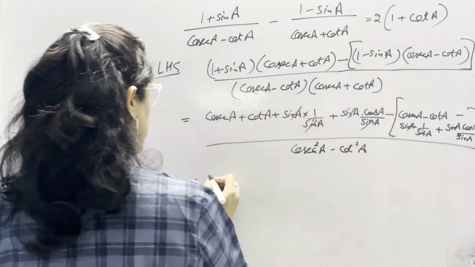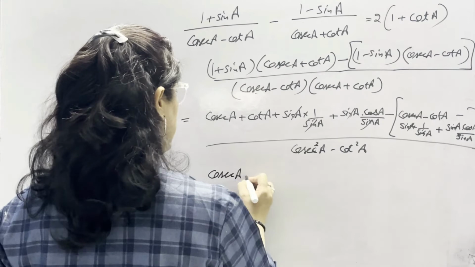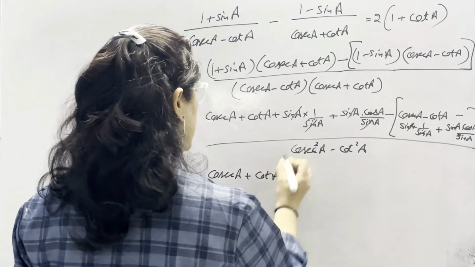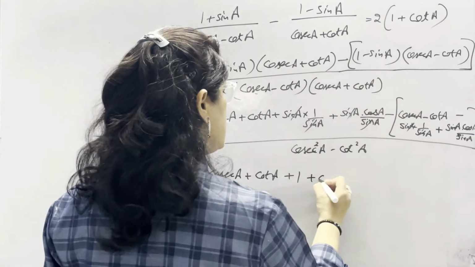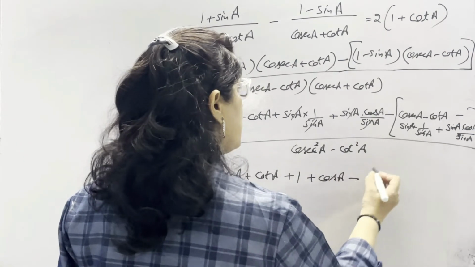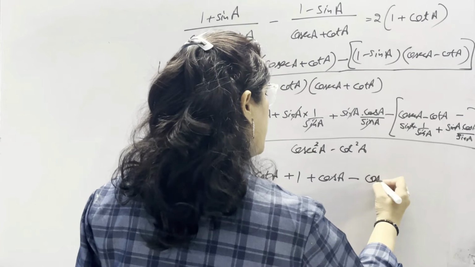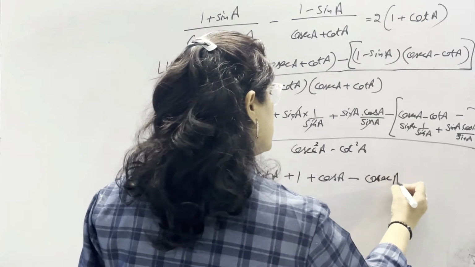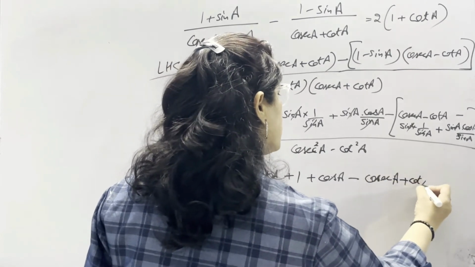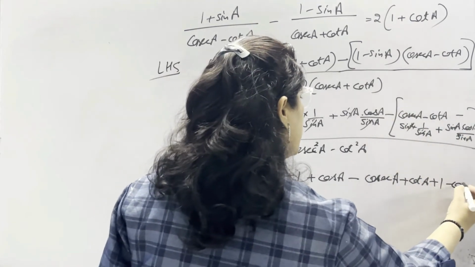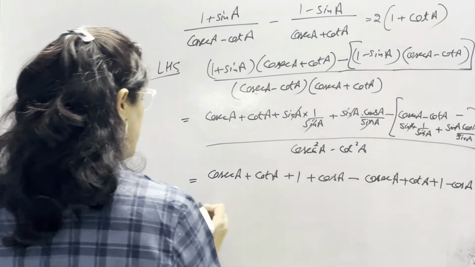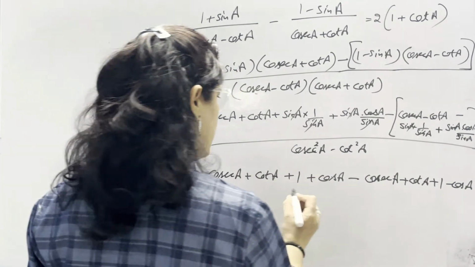Now in the numerator, cosec a plus cot a. Sin cancels, which means plus 1. Here sin cancels, which means cos a. Then minus, we are opening this bracket, minus (cosec a minus cot a), minus minus plus 1, and then minus cos a. In the denominator we have only 1, so we can leave it.